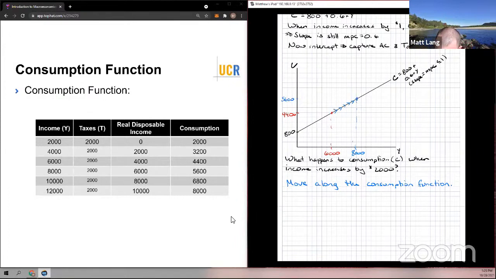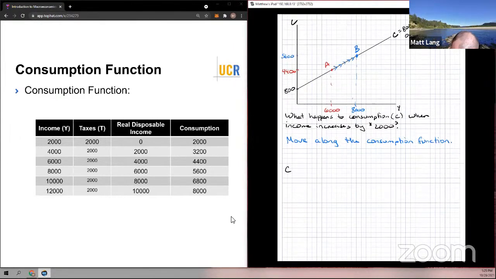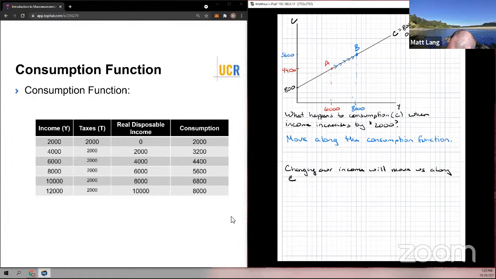So you can think about us as going from point A to point B. So if we think about what that means, changing our Y, changing our income will move us along C.